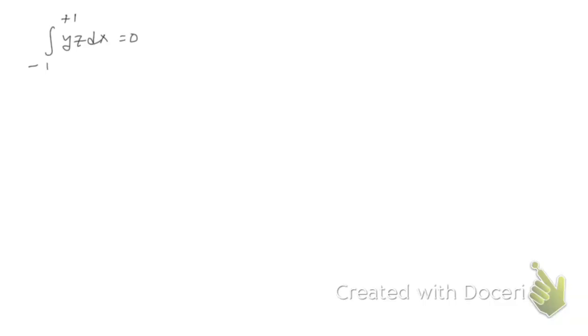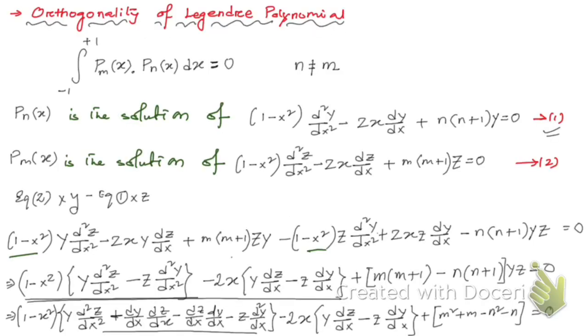Now let me go back to the first slide. Here I have written that this is the solution of this equation. What does it mean? That means y is equal to Pn of x, right? Similarly, Pm of x is the solution of this equation. That means z is equal to Pm of x, right?